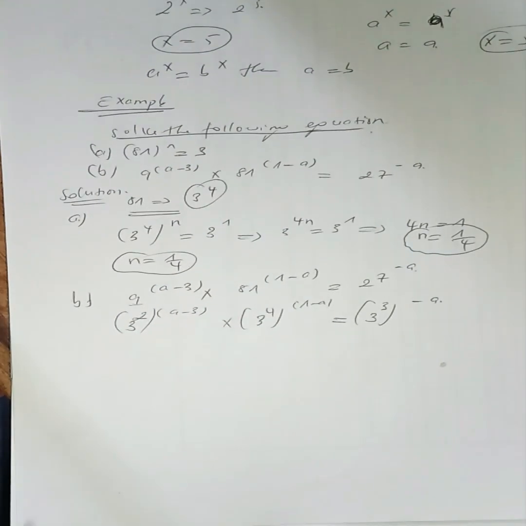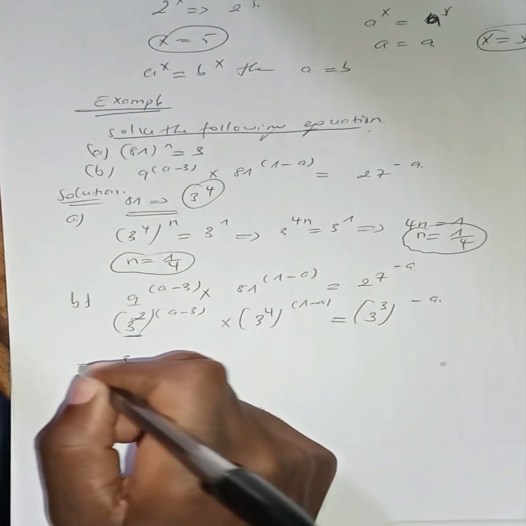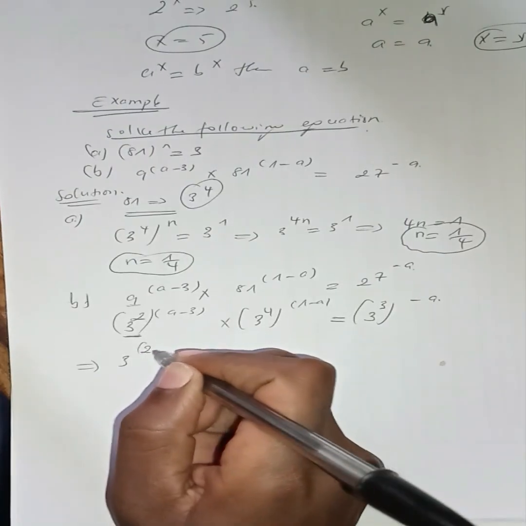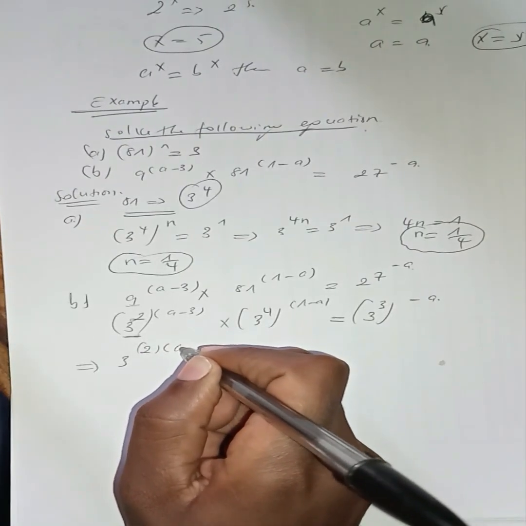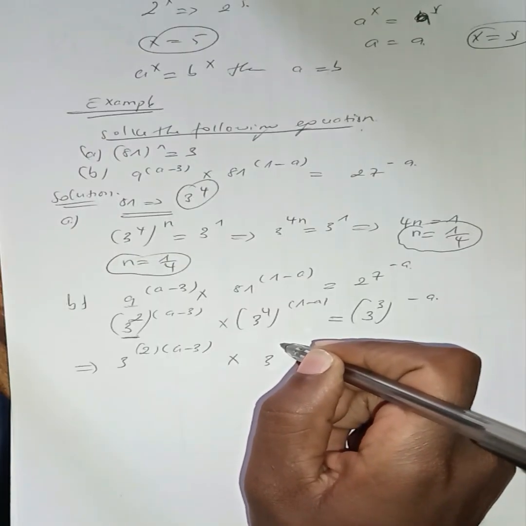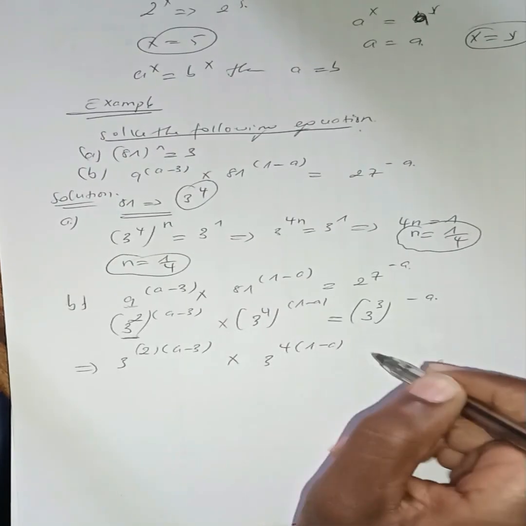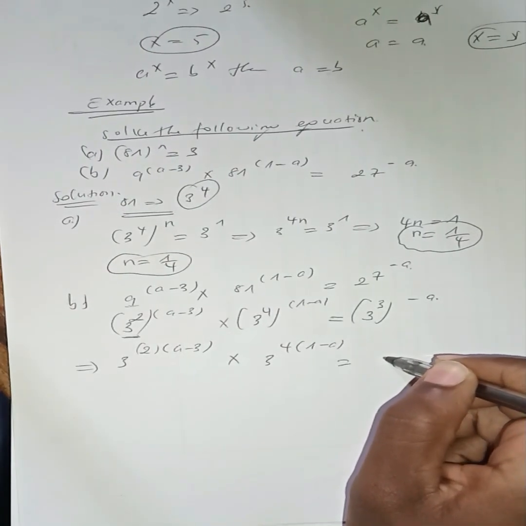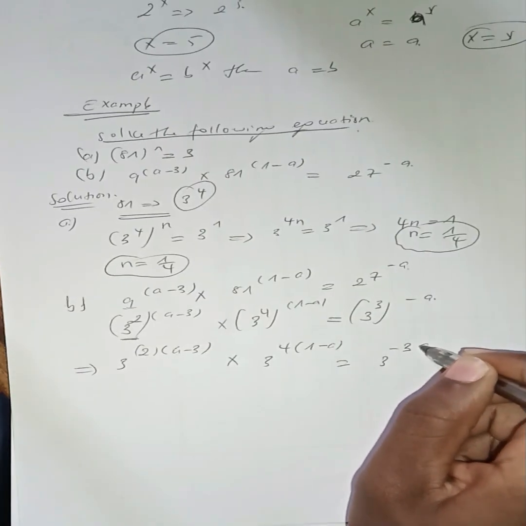So we will find that 3 power 2 times a minus 3 times 3 power 4 times 1 minus a is equal to 3 power negative 3a.